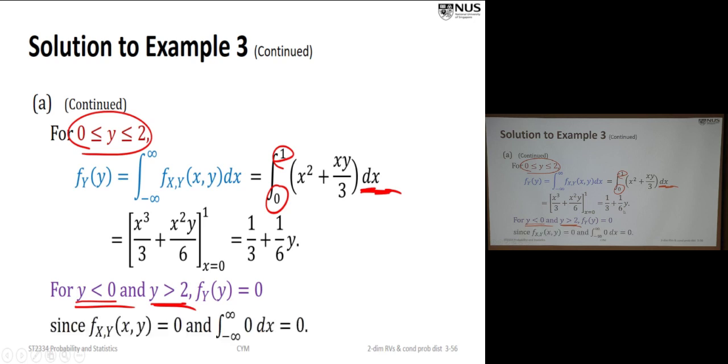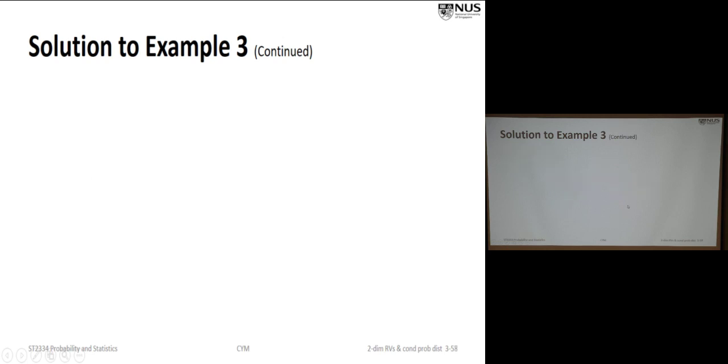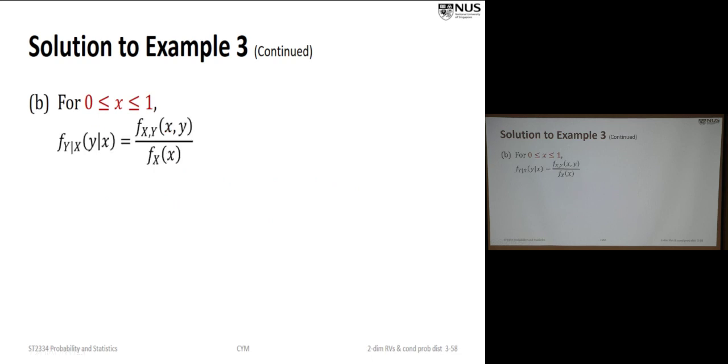Okay. How about the conditional? Okay, so this is the answer for f of y. So how about the conditional distribution? Y given x. All right. Now it's logical to write like this. Y given x.